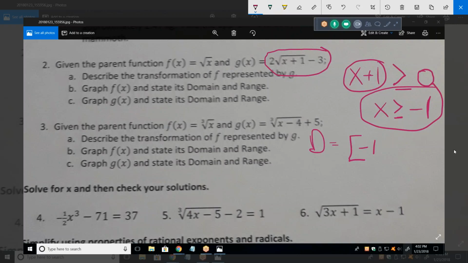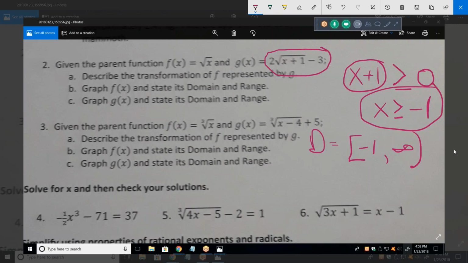And then infinity. There's no upper limit on x. x could be a million, x could be a billion, x could be a trillion. The limit is on the lower end of it. It cannot be negative 2, because if it were negative 2, we'd be taking the square root of negative 1, and you can't take the square root of negative numbers.